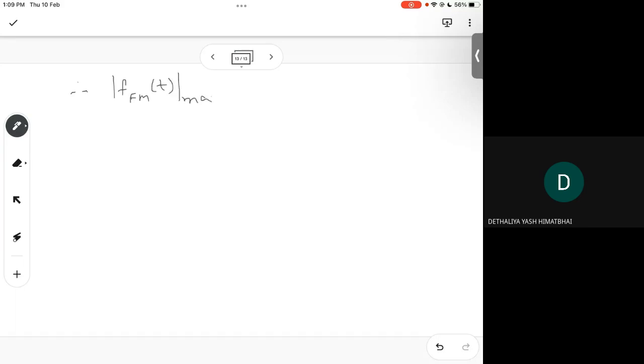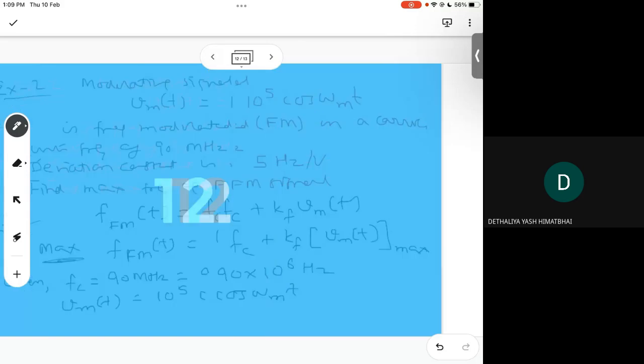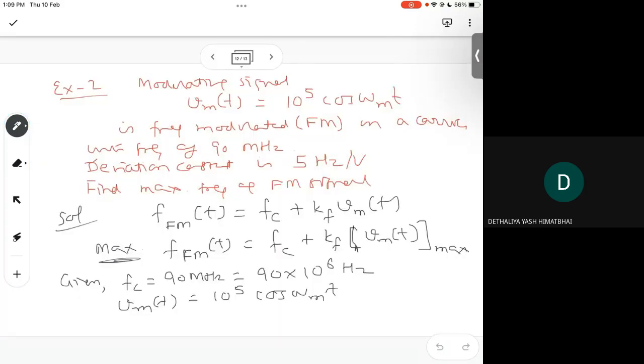Okay, because if you recall, the maximum value is given by this. Let's say I don't put in the bracket, I put it like this, the maximum value of that. Okay, so this is the maximum value we have to find. So I put it here also, maximum, which is given as this one.